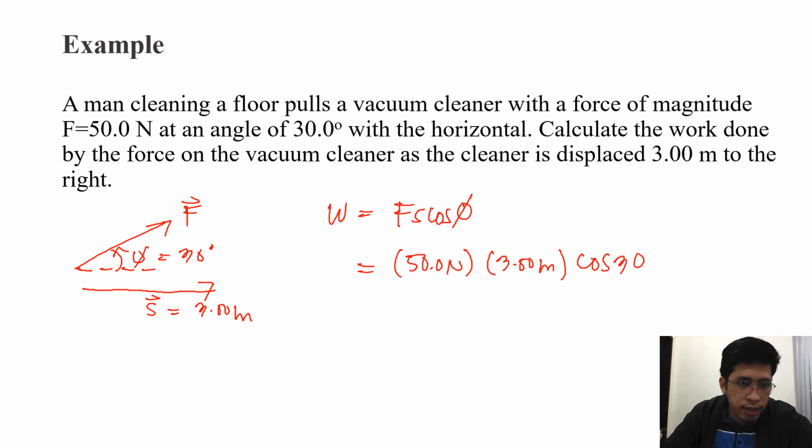You have this angle here and you also have this angle here, but we're always referring to the smaller angle. So we have cosine 30, and your work done here is equal to 130 joules. So it's straightforward.